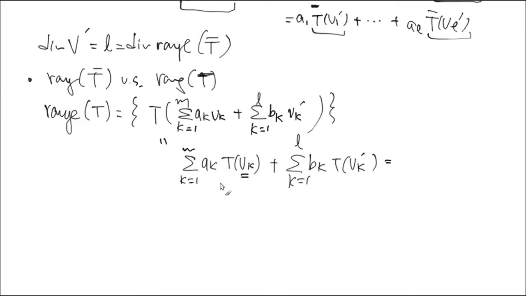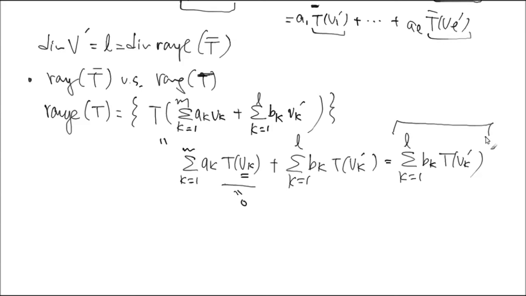So what do we know about T v_k? They're all 0, right? So they all disappear. So which is equal to, they're all zeros here. Therefore it is equal to the sum for k going from 1 through L of b_k T v_k prime, right? Whatever you get simply looks like this.